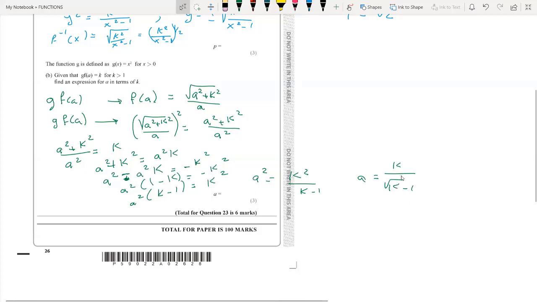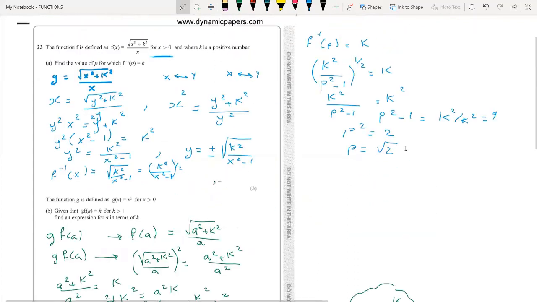Now, we have a positive and a negative value of a, but we reject the negative value because k is greater than 1 and x is greater than 0. So we have a equal to k over the square root of k minus 1, and this is the second part.